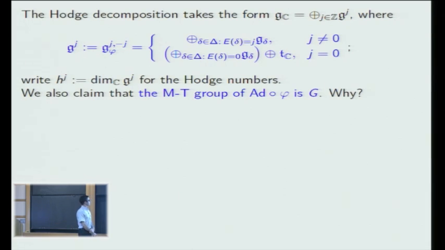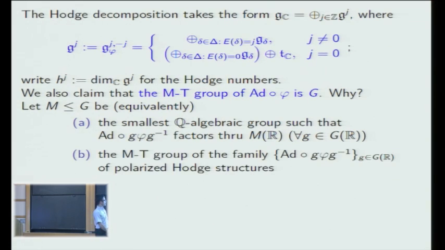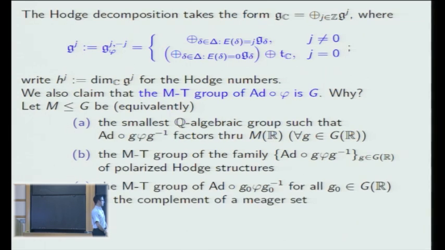And I claim that the Mumford-Tate group of ad composed with phi is G. Remember, I chose phi sufficiently general. So I can take M in G to be equivalently the smallest Q-algebraic group, such that ad composed with this conjugate of phi factors through M of R for all conjugates by elements of G of R. The Mumford-Tate group of the family of polarized Hodge structures given there, and the Mumford-Tate group of any particular conjugate by an element of a complement of a meager set, complement of a countable union of proper analytic subvarieties of G_R.